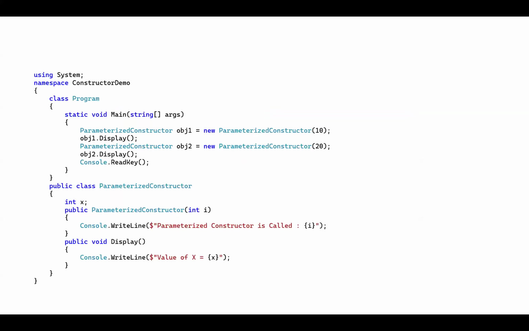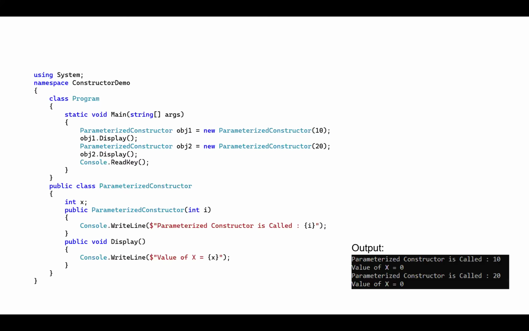Next, we can use the following example. We can define a display method using two different instances. And you can see the result for both instances. The result will be the following. Why? Do you know?